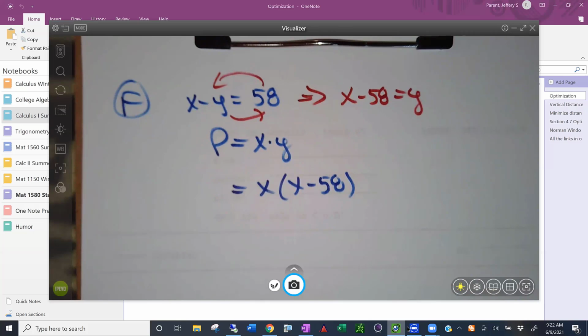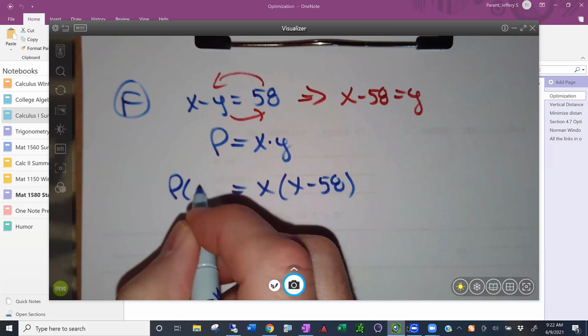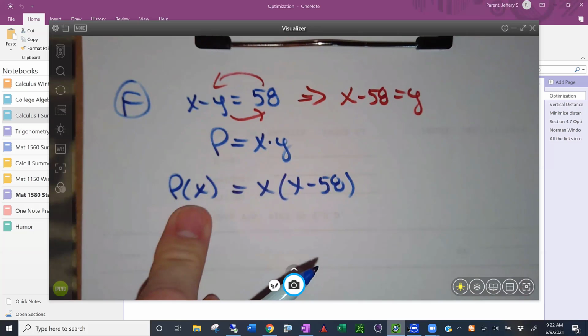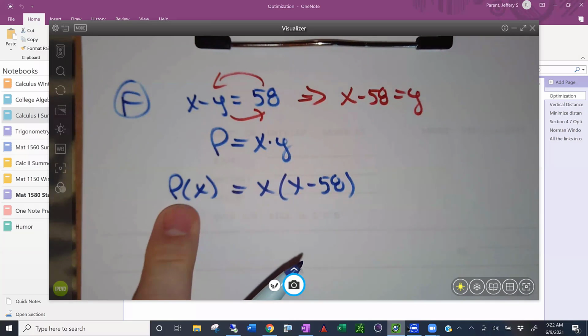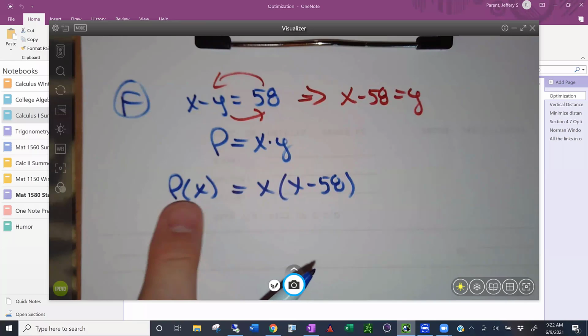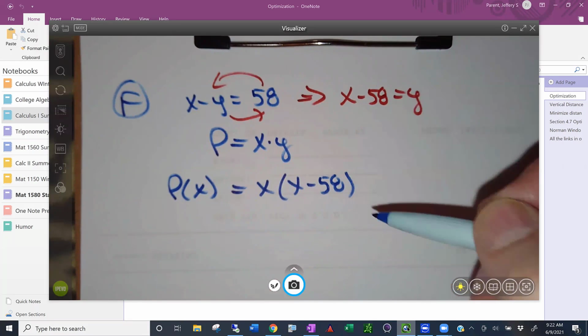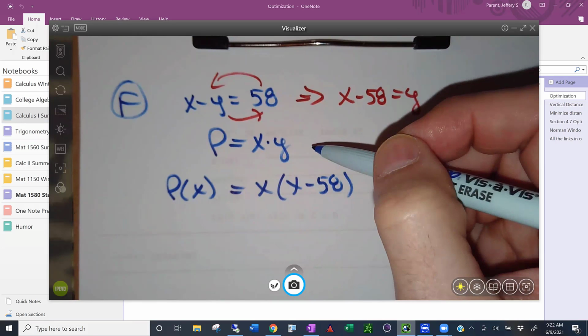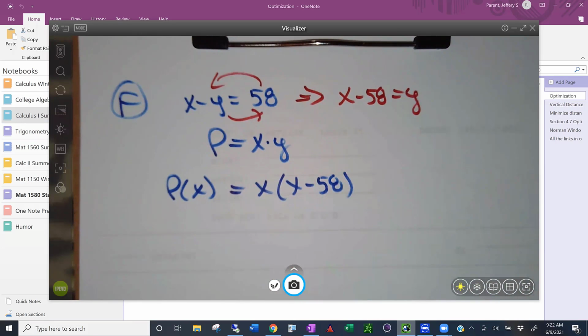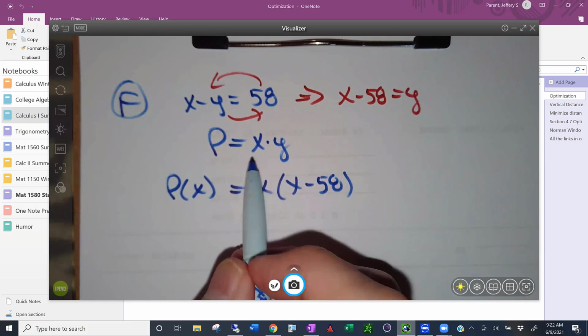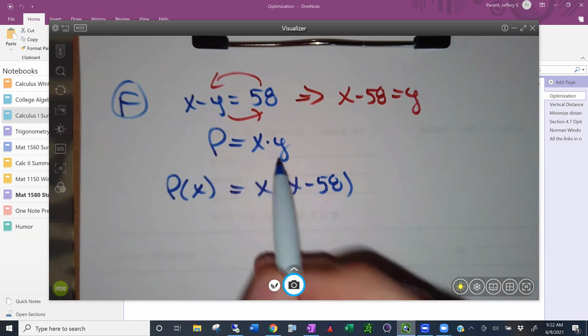Sometimes I'll take the moment or initiative to write that this is P of X, just to remind you or signal that this is a function of one variable. Right now, it's a function of two variables. With calculus 1, we can only work with one variable. Later on, if you go higher in math, higher in calculus, you can work with functions of two variables.